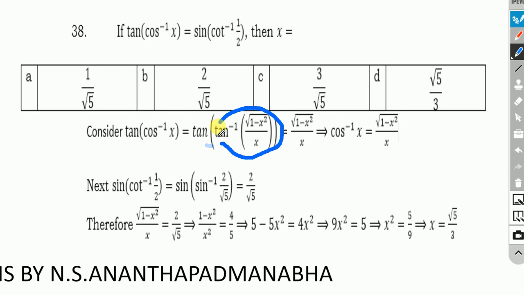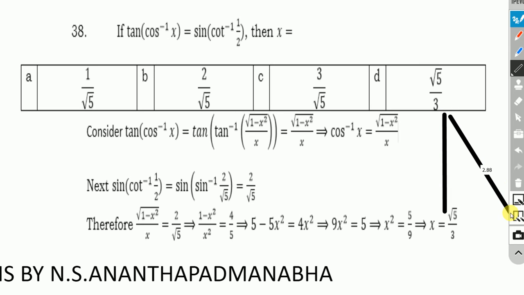If we take cos inverse x is equal to alpha, let me draw a right angle triangle here. Then if this is alpha, I am taking cos inverse x is equal to alpha.